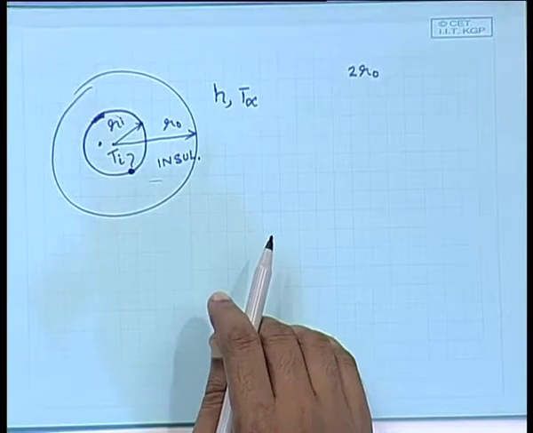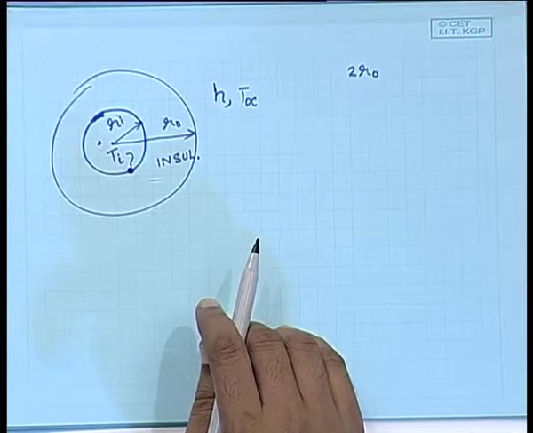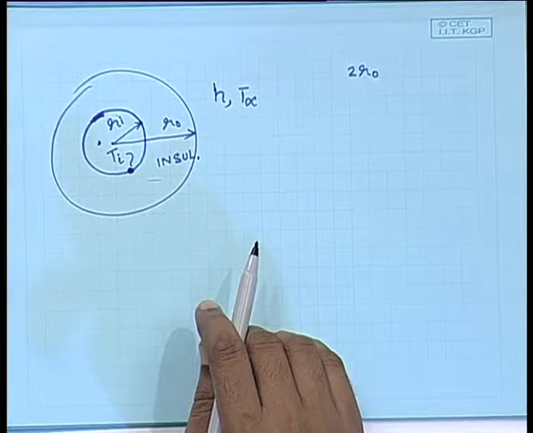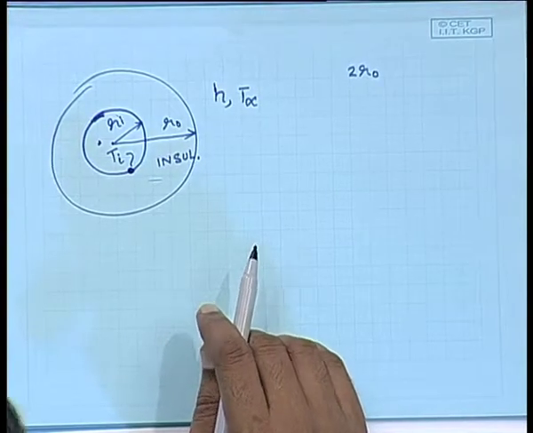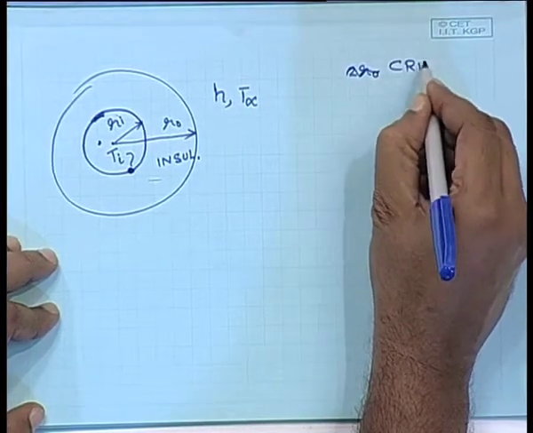But can there be a case in which by adding insulation, you will be helping heat transfer from the object? That is the case, and this is what we are going to call the critical thickness of insulation.